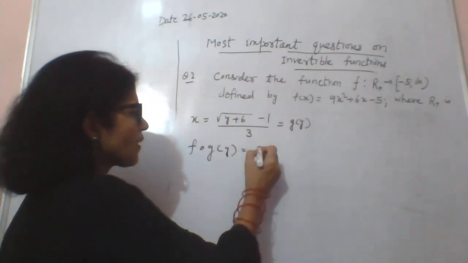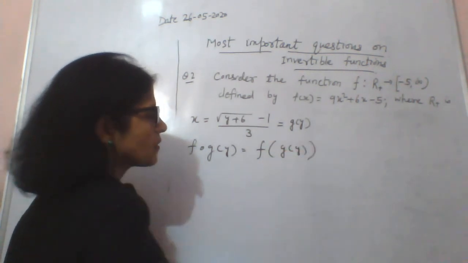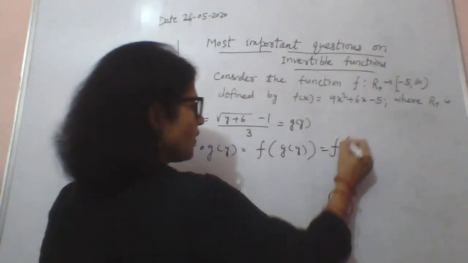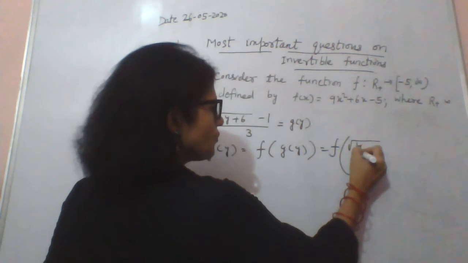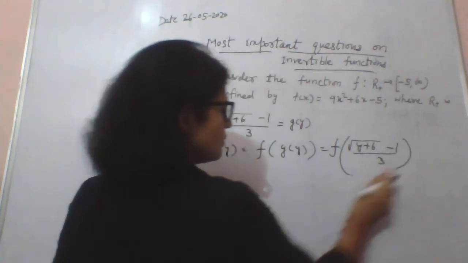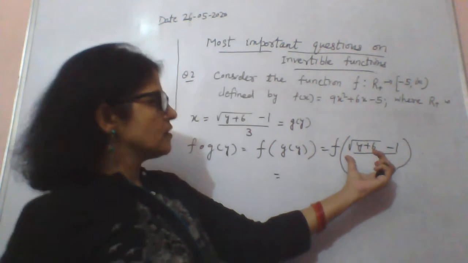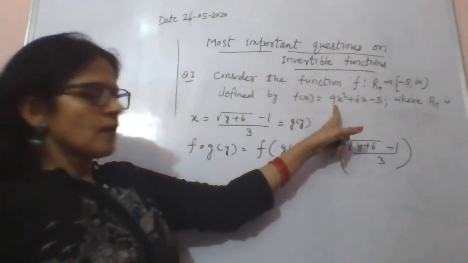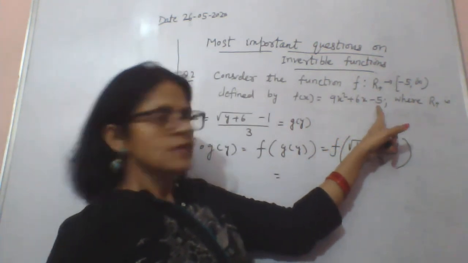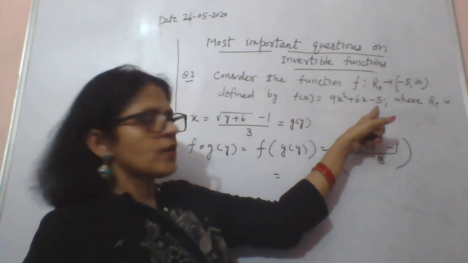So f(g(y)) equal to what? g(y) is (under root (y + 6) − 1) by 3. So this is equal to f of this. So go back to f(x), f(x) equal to 9x² + 6x − 5. f(1) would be 9 into 1² + 6 into 1 − 5.